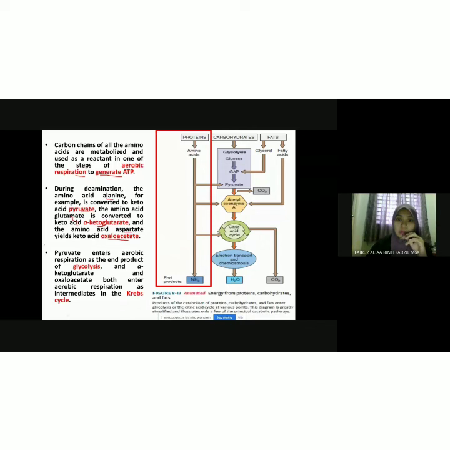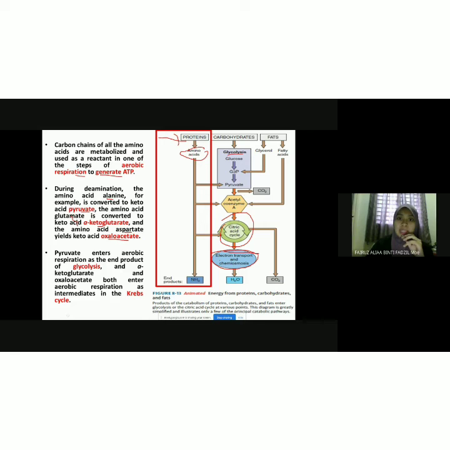If you see in the diagram here, we have glycolysis, we have the citric acid cycle, also known as the Krebs cycle, and then we have the ETC and also chemiosmosis, where we receive the NADH and also the FADH2. You can see the protein here is broken down into amino acids.